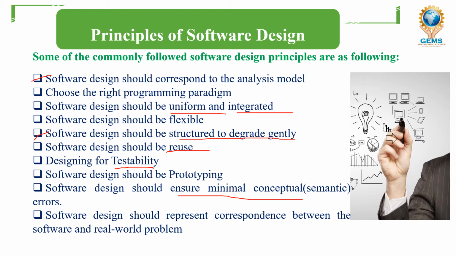And the last point says that software design should represent correspondence between the software and the real world. So these are the principles of software design which are commonly used for designing the software.